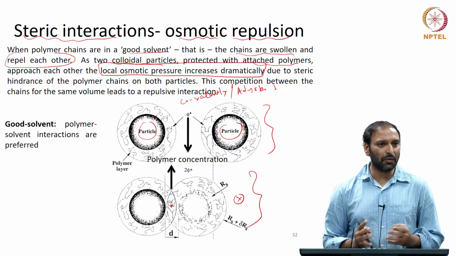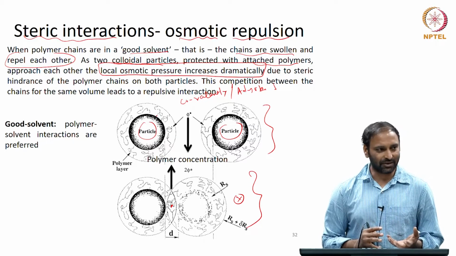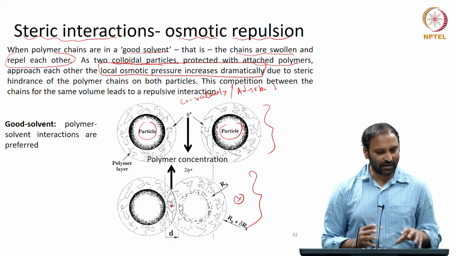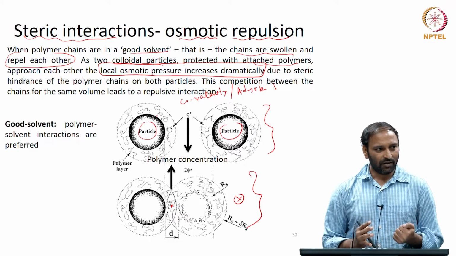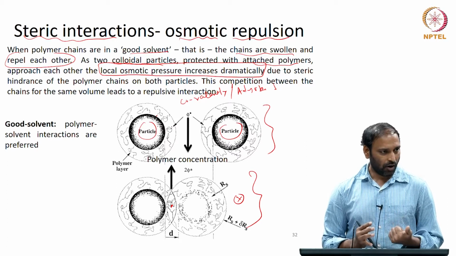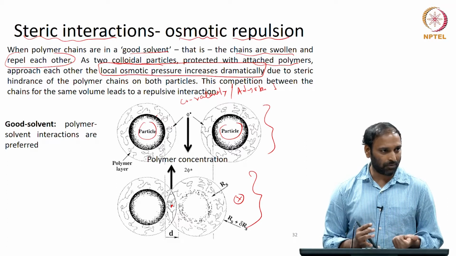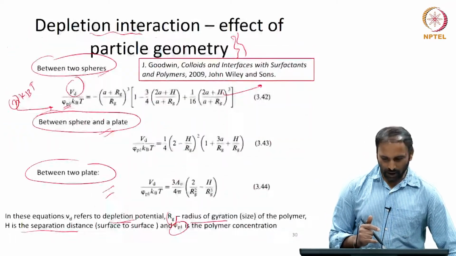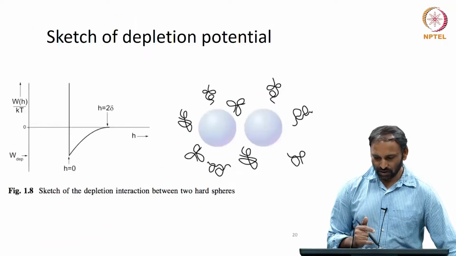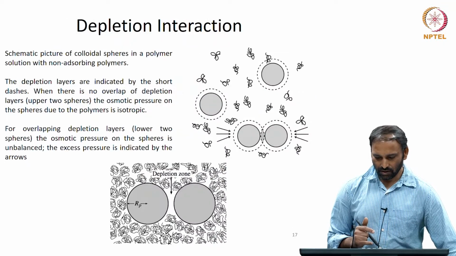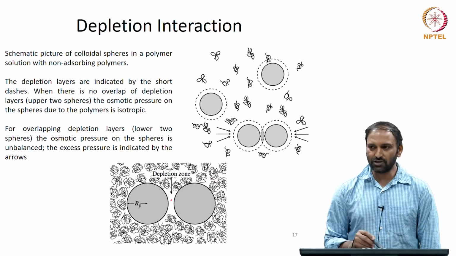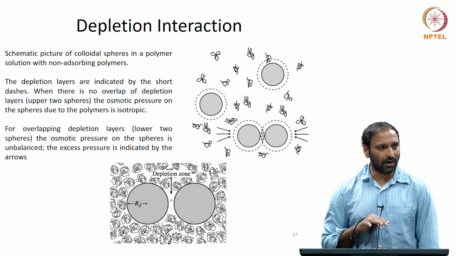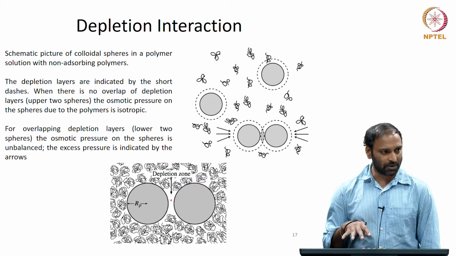It is exactly the reverse of depletion interaction, right. In depletion, we said that when you have non-adsorbing polymers, when the particles come sufficiently close, you get a region where the polymers are depleted, that means there are no polymers there.